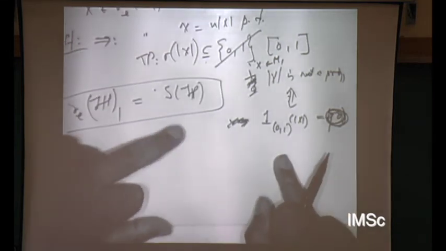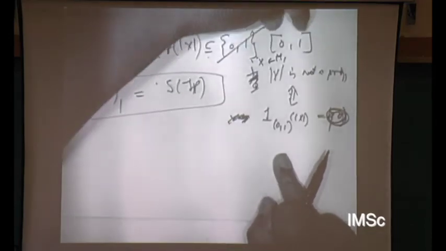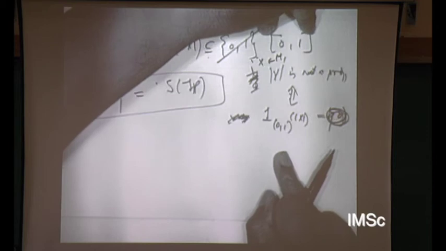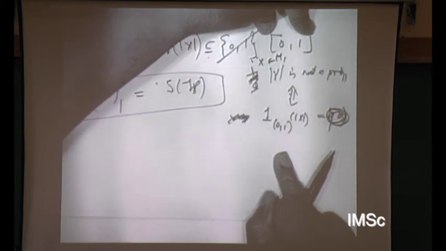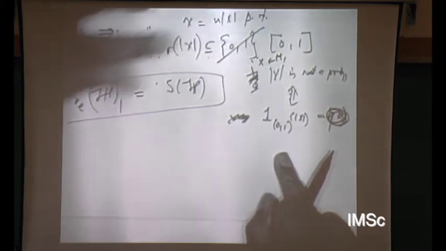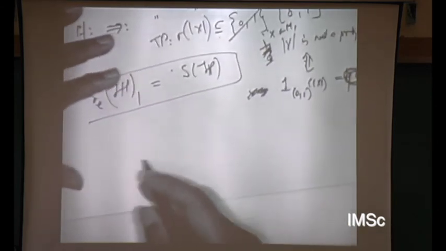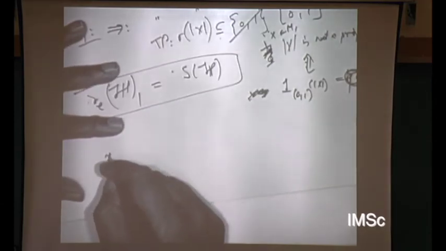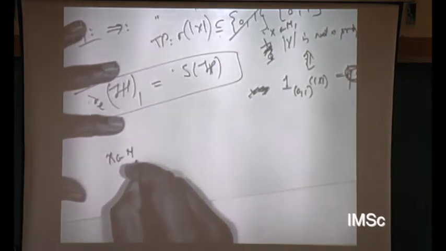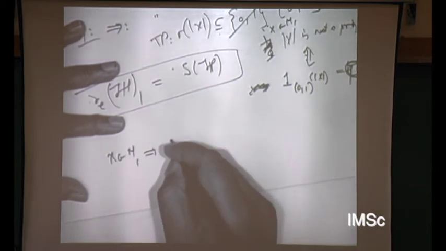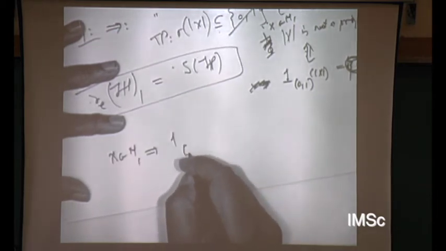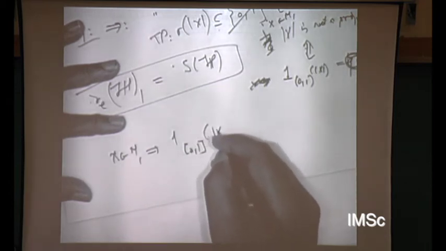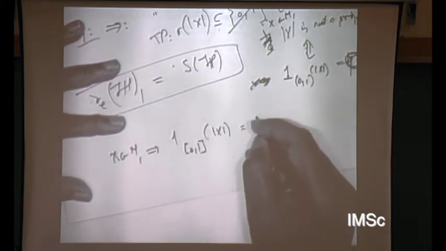Right? Because to say it is here means that 1 sub closed interval [0, 1] of mod X is the identity.